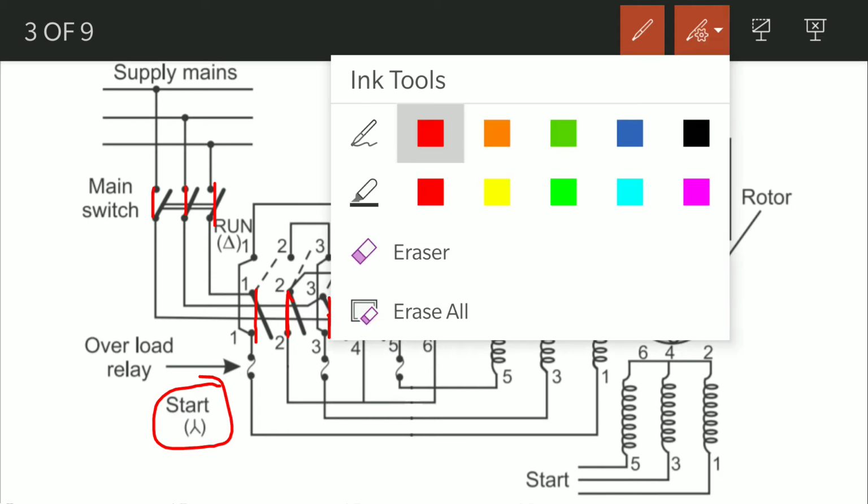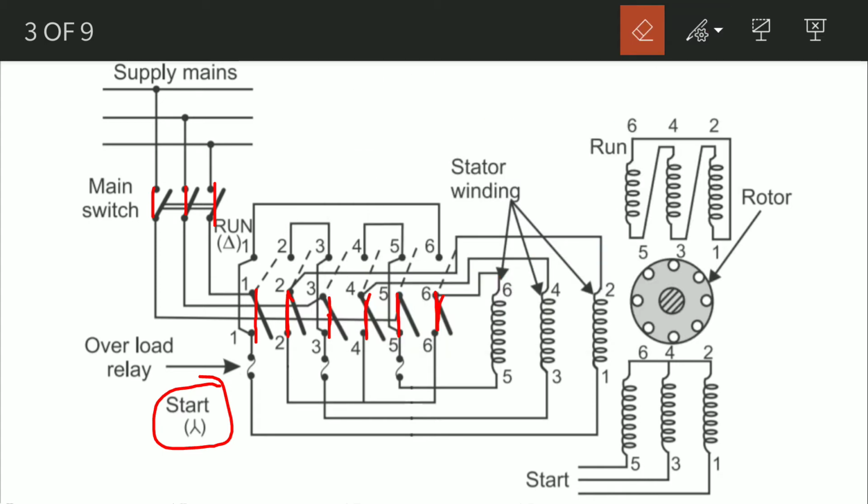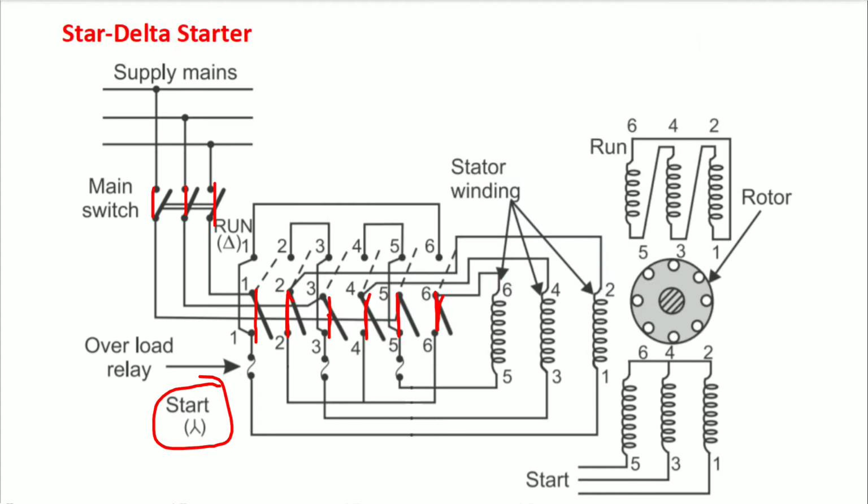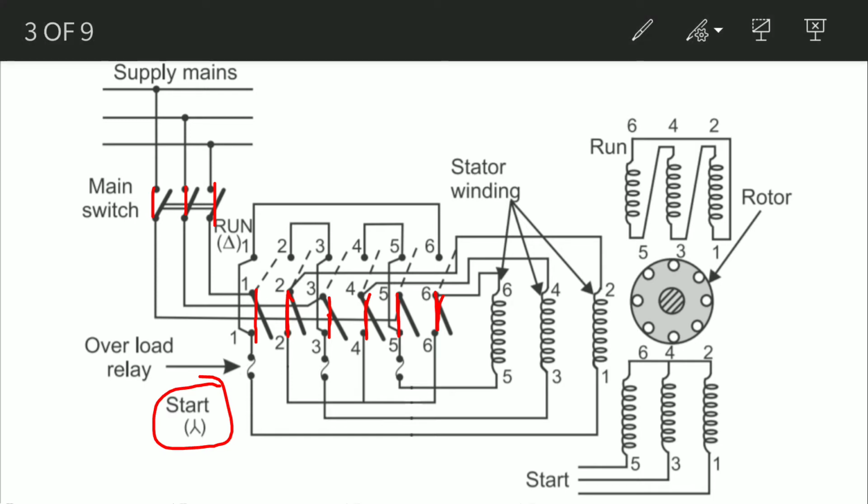So the result is that our motor is connected in star, and as the current flows through it, torque is produced, the rotor starts rotating.